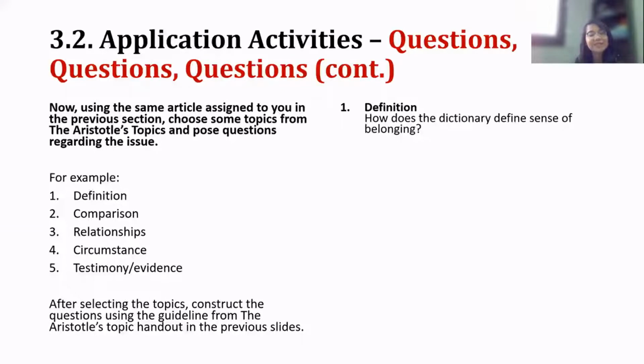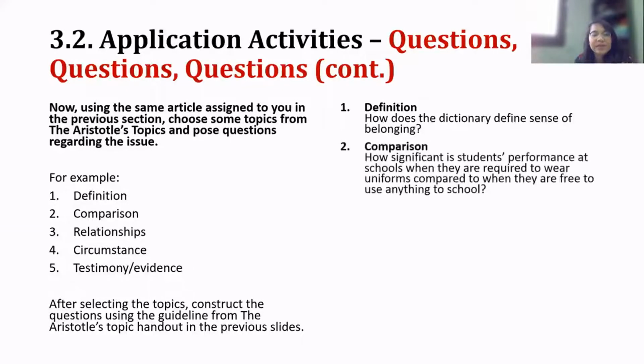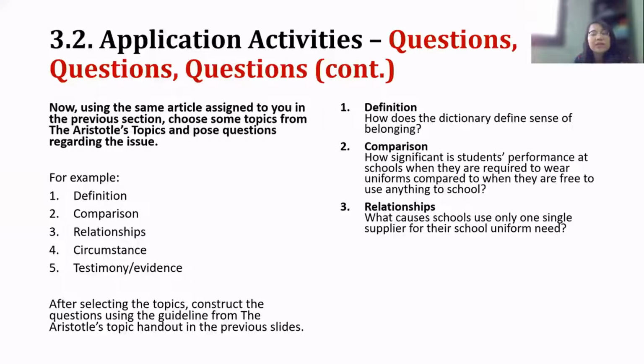The article discusses the sense of belonging of students when they are wearing uniform. Number 2, about comparison. How significant is students' performance at schools when they are required to wear uniforms compared to when they are free to wear anything to school? Number 3, relationships. What causes schools to use only one single supplier for their school uniform needs?